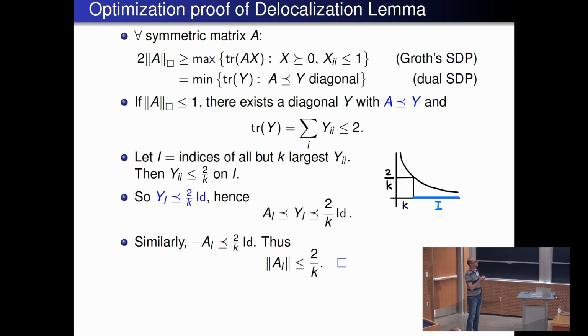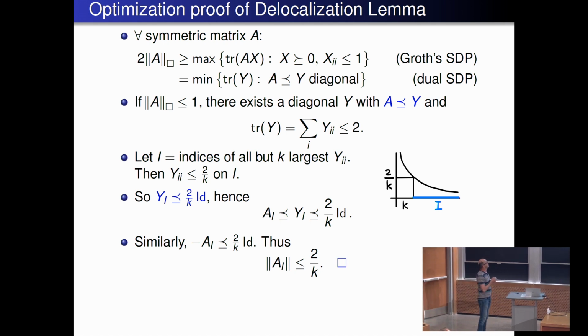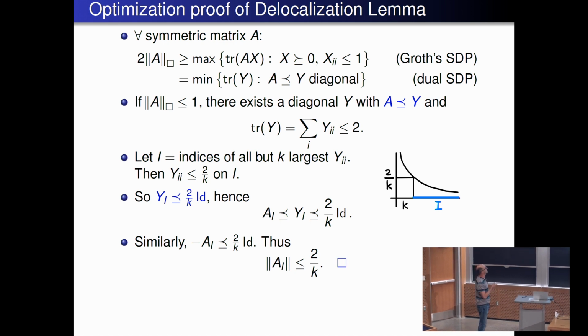It's a minimum instead of maximum, over the trace of a diagonal matrix that dominates A. It's an elementary exercise to show that. And so we have a dual Grothendieck inequality, which I don't know if anybody thought of this before, but it's a cool thing. So this is a dual Grothendieck inequality.